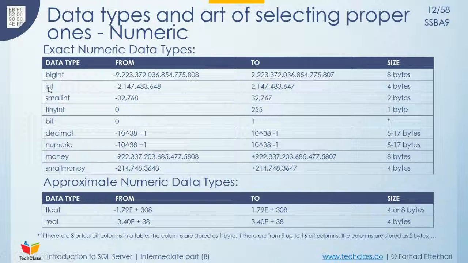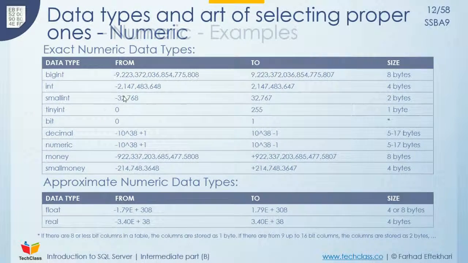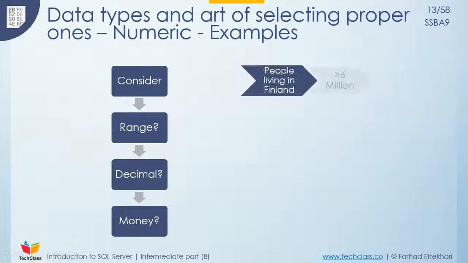So the most proper one is selecting this int data type. If we select a small int, we're gonna run out of numbers. If we select big int, we are overusing the resources of the database. So definitely by selecting int as a data type, this is the best choice for that.